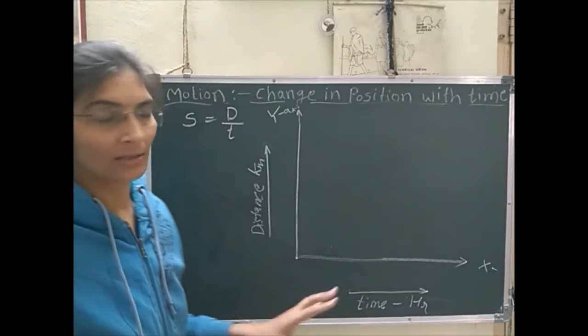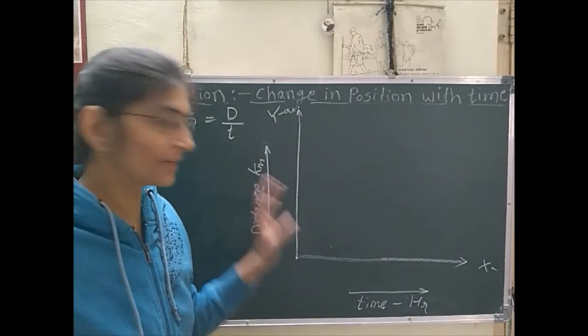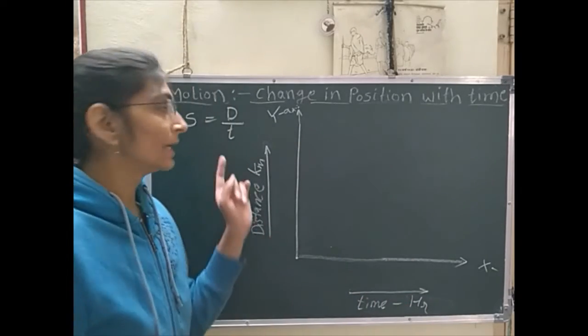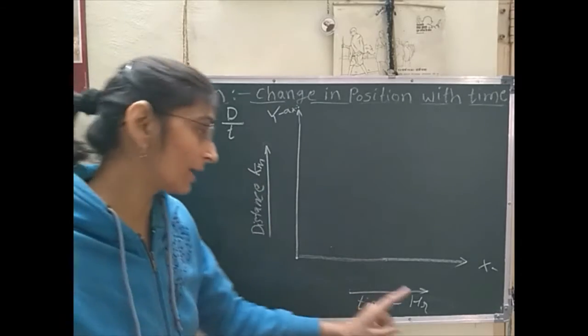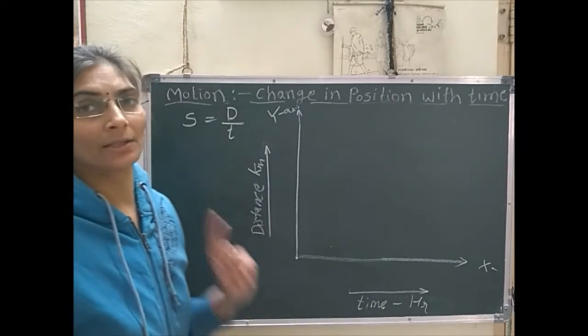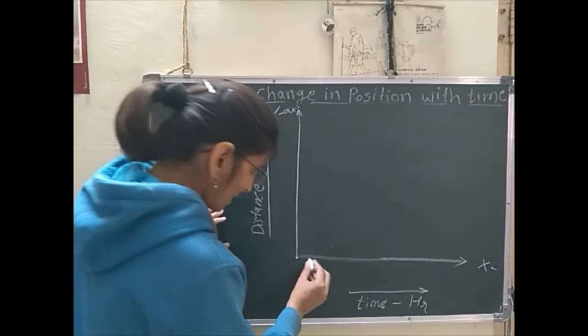Time in hour. So if we are taking kilometer, then we should take hour here. If we take meter, then here should be second. Okay. So these are the standard units.